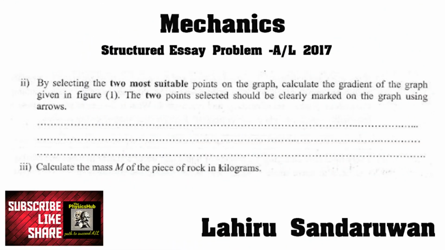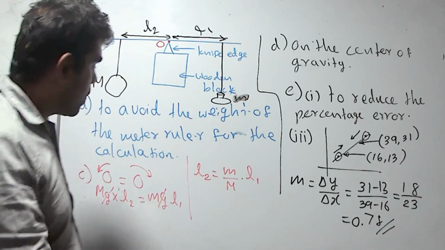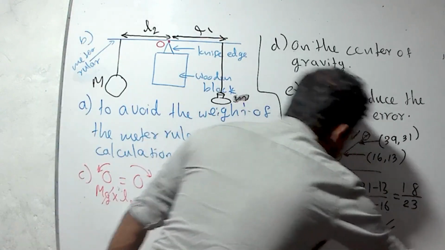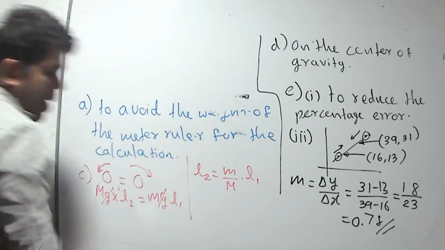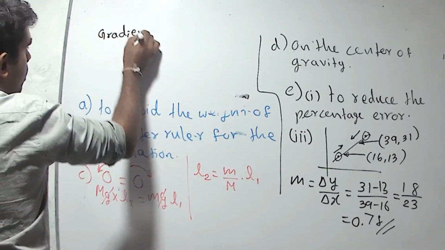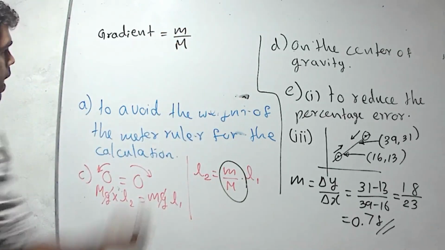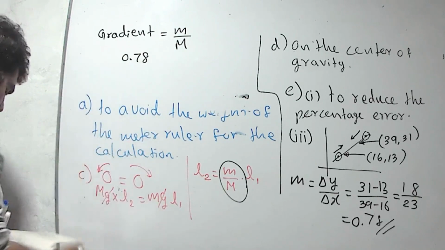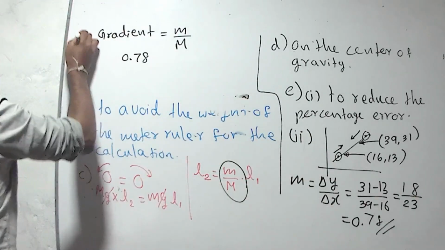Then part 3: calculate the mass capital M of the piece of rock in kilograms. We can consider the equation obtained in the earlier part. The gradient equals simple m divided by capital M. The gradient is 0.78, from part 2.